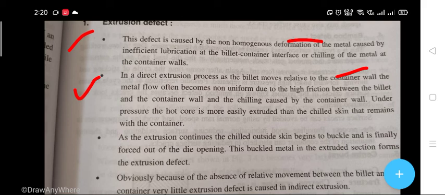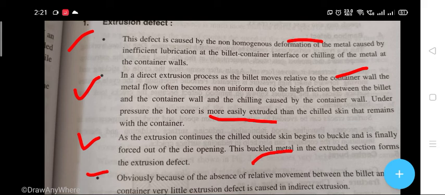Under the pressure, the hot core is more easily extruded than the chilled thin skin that remains with the container. As the extrusion continues, the chilled outside skin begins to buckle and is finally forced out of the die opening, and the buckled metal in the extruded section forms the extrusion defect.